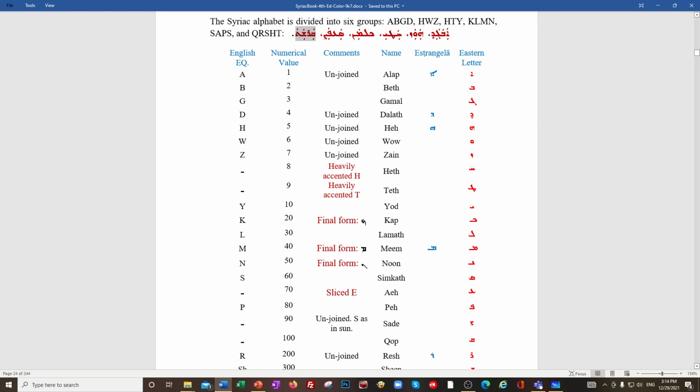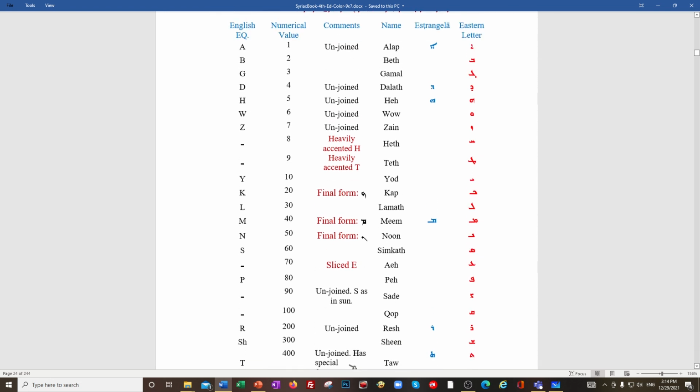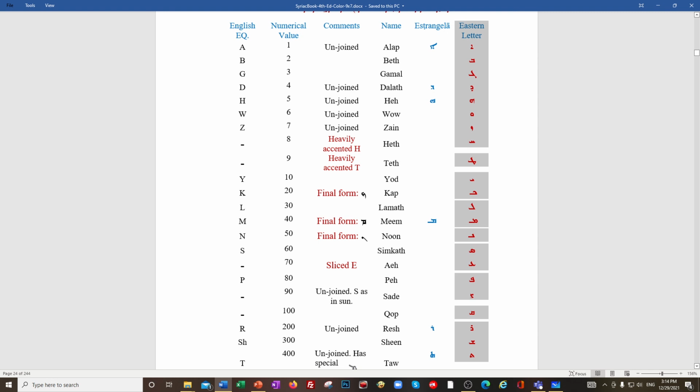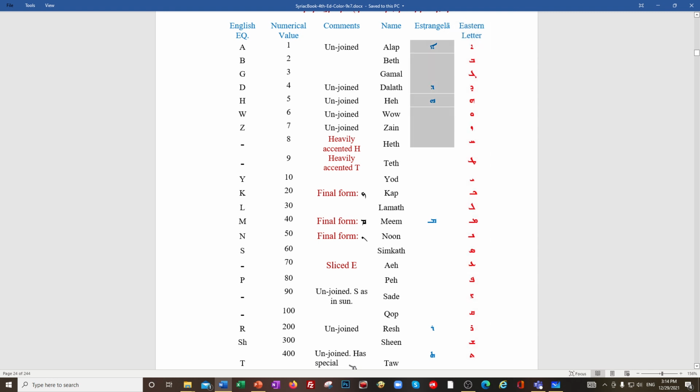Here are the letters, and just to review this one with you, the first one, as it was mentioned before, is going to be the Eastern alphabet. That's what we're going to study, and I'm going to show you how we're going to write them one by one. The only 6 letters that are different are in Esṭrangelā.